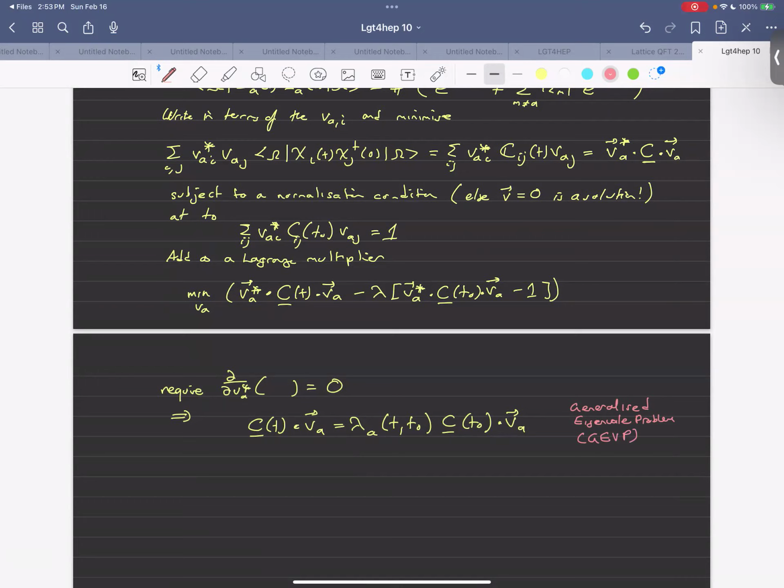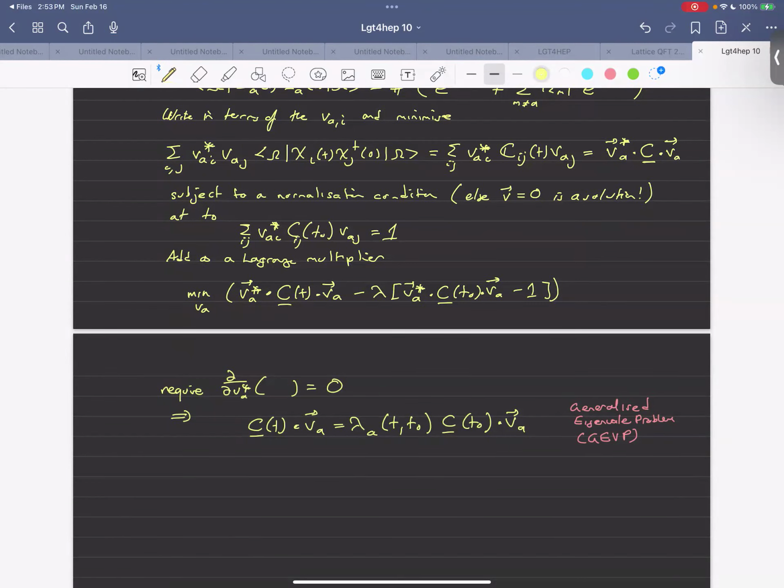Okay, and it's straightforward if you know the C of t0 perfectly to multiply from the left by C inverse and get to a regular eigenvalue problem. But in lattice calculations, we don't know that perfectly, and so there's often ill-conditionedness if we try and do that.